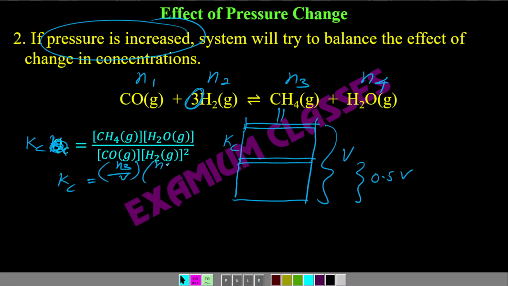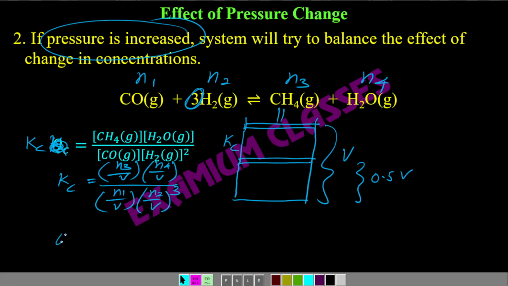H2O will be N4 divided by V. Carbon monoxide will be N1 divided by V. And hydrogen will be N2 divided by V, but here I will have to have a cube, since we have 3 moles of hydrogen. So 3 is the stoichiometric coefficient: N2 divided by V, whole cube.